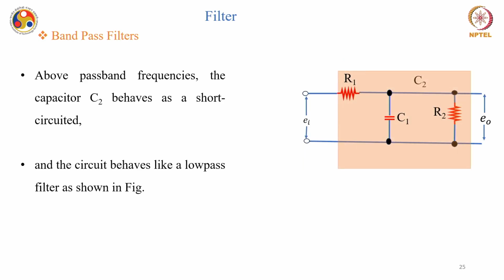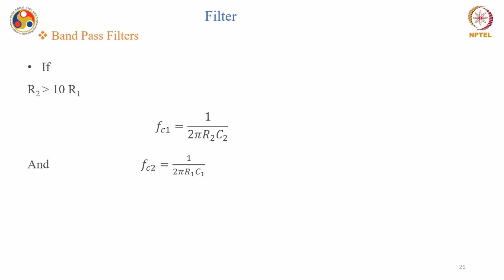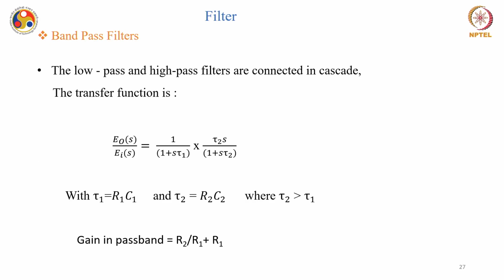Above the pass band frequency, the capacitor C2 behaves as a short circuit and the circuit behaves like a low pass filter. So, if R2 in this case is greater than 10 R1, FC1 is given as 1 by 2 pi R2 C2, while FC2 is given as 1 by 2 pi R1 C1. Alright. Now the low pass and high pass filters are connected in cascade.